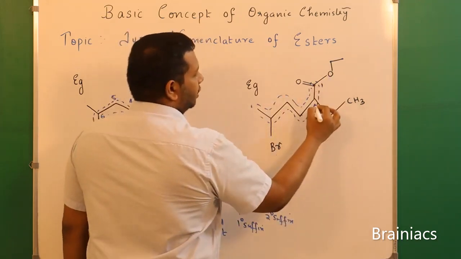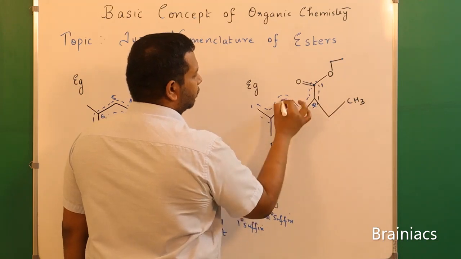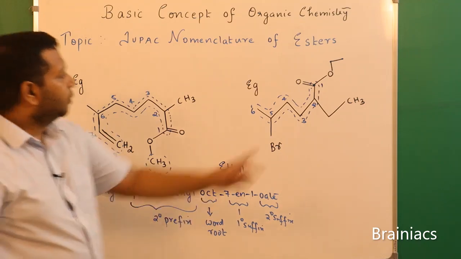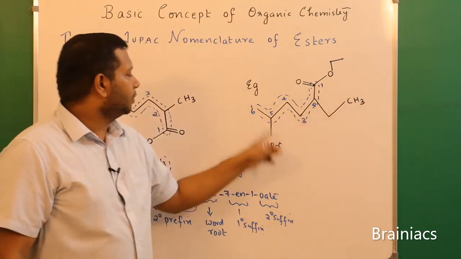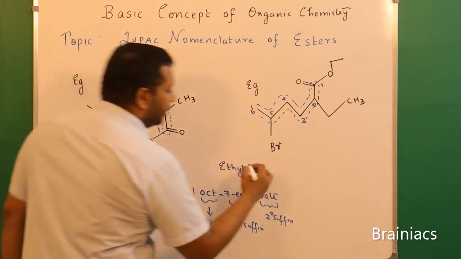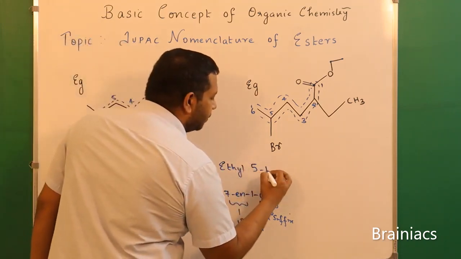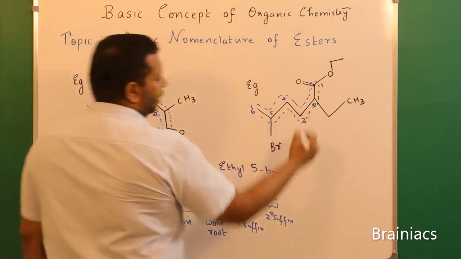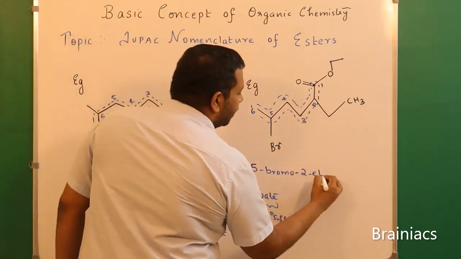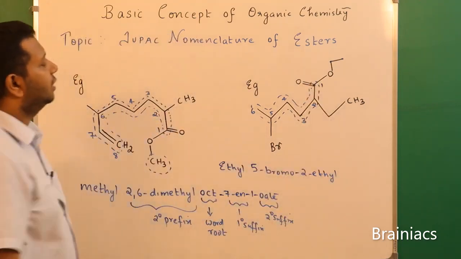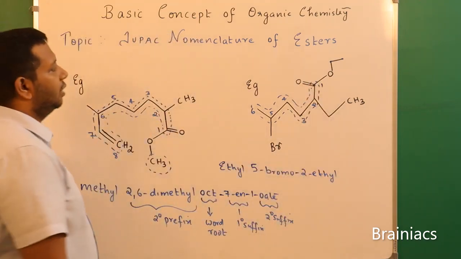So 1, 2, 3, 4, 5, 6. Now I know that at the second position there is an ethyl group, and at the fifth position there is bromo. Who will come alphabetically first? Bromo. So I can write ethyl 5-bromo, then 2-ethyl, correct? At the second position an ethyl group is there. So ethyl 5-bromo-2-ethyl, okay?